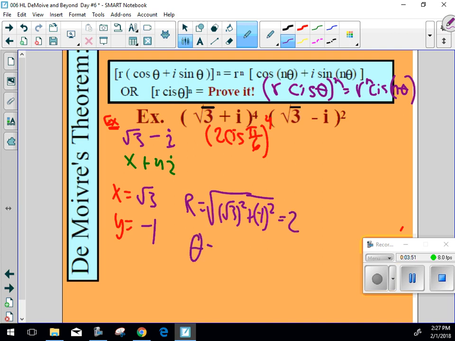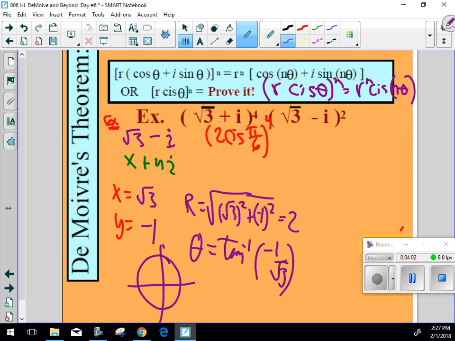And theta is going to be the inverse tangent of y, negative 1 over square root of 3. Now, I'm a little bothered by that. Not too much, but here's the unit circle. Here is square root of 3, negative 1. Which quadrant is this complex number in? 1, 2, 3, or 4? 4, right? In 4, do you have to add pi or subtract pi?